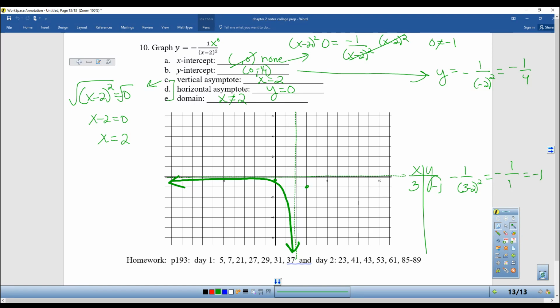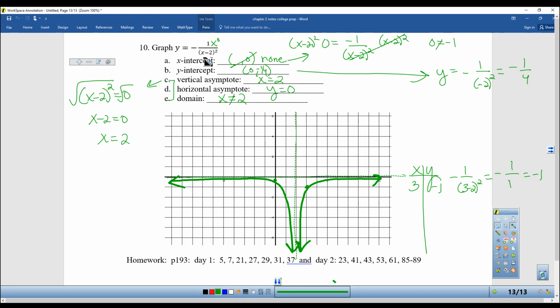So the reason that this graph is on here is because I don't want you to think that they're always 100% of the time going to be in opposite quadrants. This graph does go like this. It's unusual, but it does occasionally happen. And the reason that it happened is because of that square, because x minus 2 squared does something unusual to it.